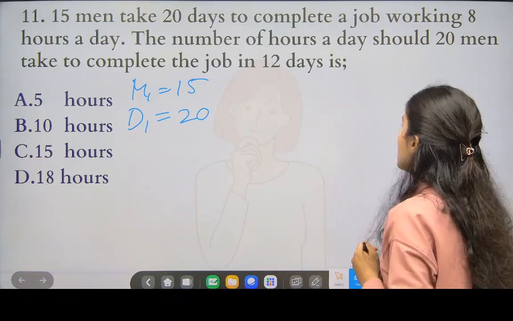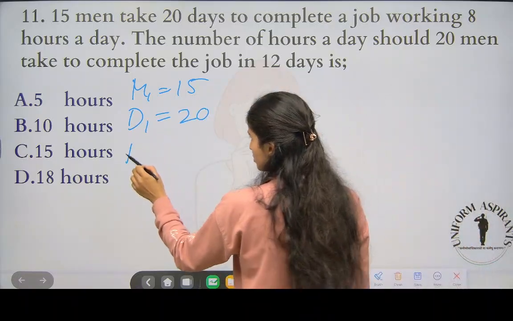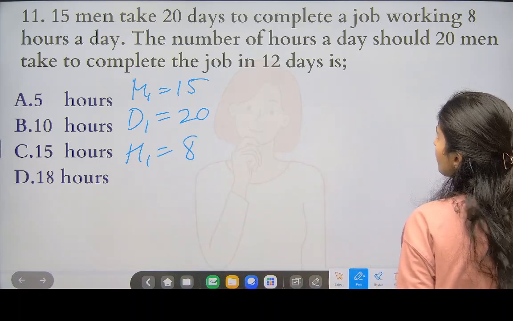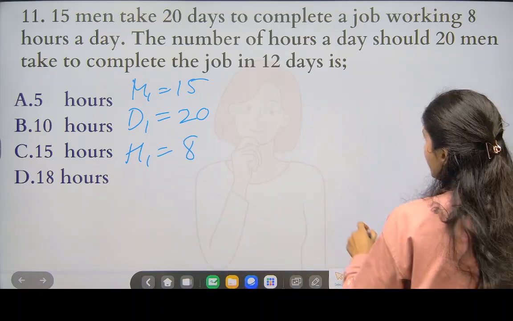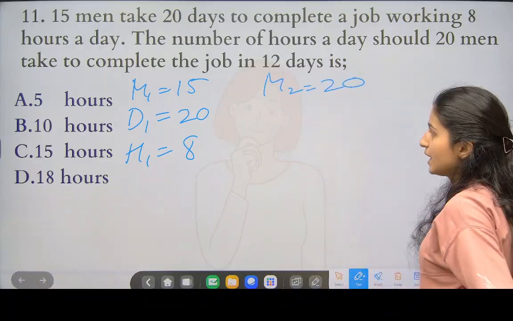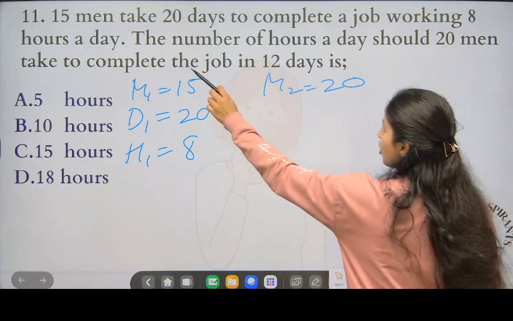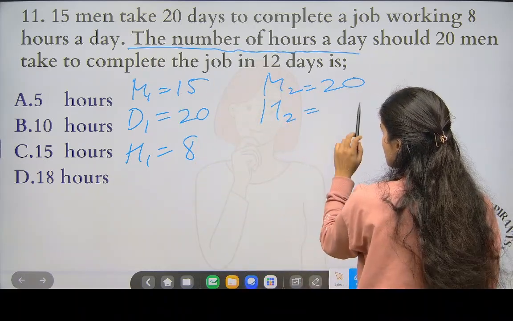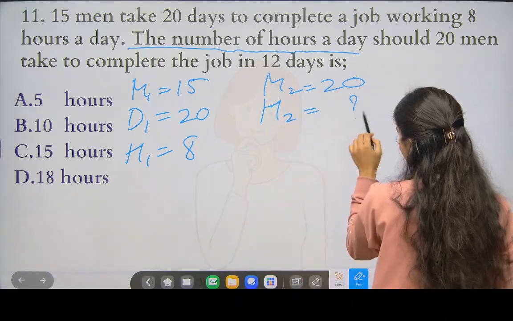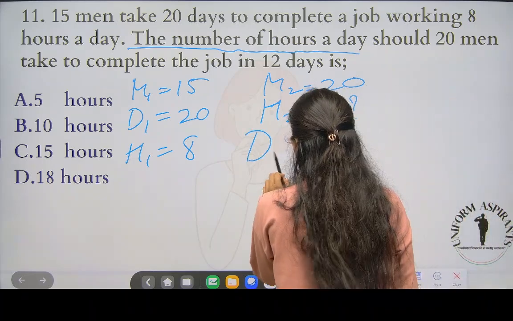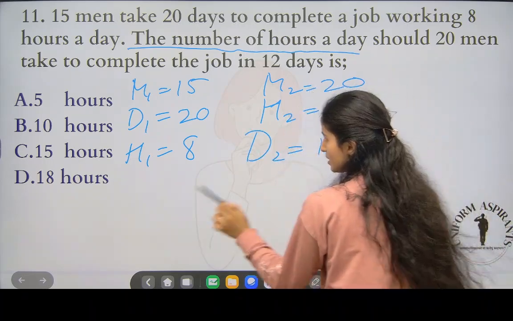To complete a job working 8 hours, H1 is equal to 8. 20 men. Means they are asking the number of hours a day, how many hours are taken. So H2 we have to find, question mark. To complete the job in 12 days. How many days are given? 12 days are given.